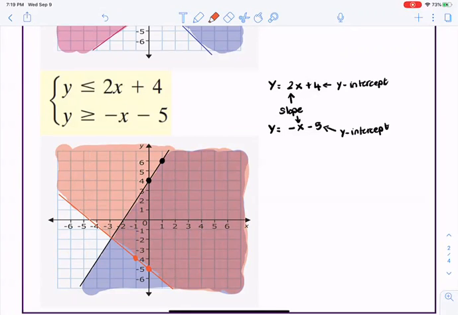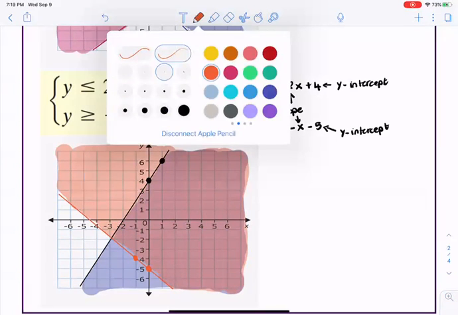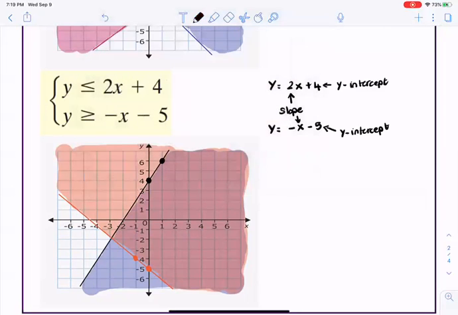But the overlapping region should be our solution. So the overlapping region is right over here. And that would be our solution set.